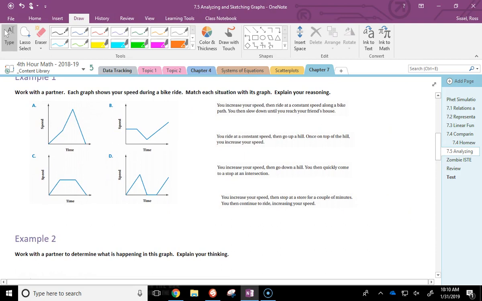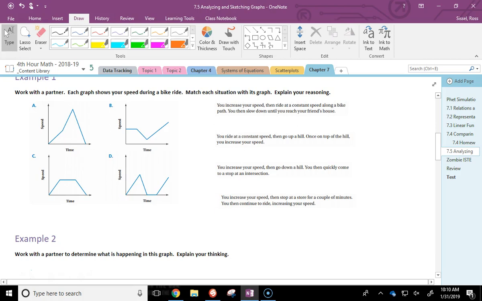Alright, it says, work with a partner. So I'm going to give you a couple seconds. It says, each graph shows your speed during a bike ride. So you're riding a bike. Match each situation with its graph. Explain your reasoning.